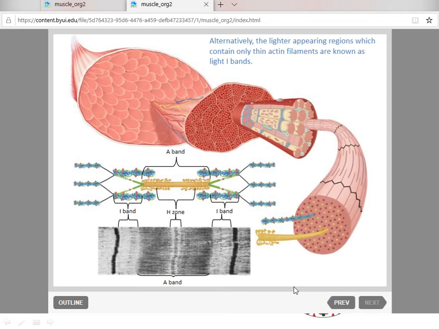Now the contraction of skeletal muscle we will see in the next lecture. Up to here we studied the organization of skeletal muscle.